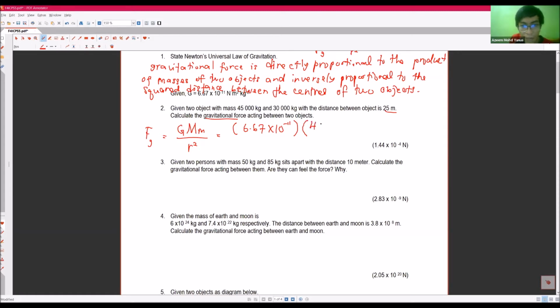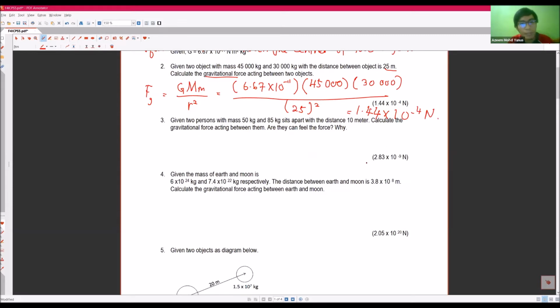Big M 45,000, small m 30,000, and then divided by 25 meters squared. When we plug that in, we get 1.44 times 10 to the power of negative 4.